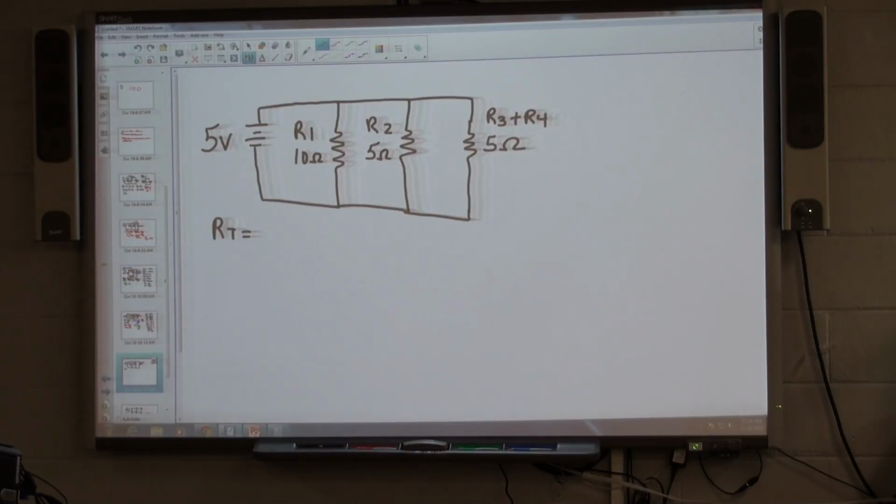It's going to be less than what? 5. It may be less than 1, but it's definitely going to be less than 5.